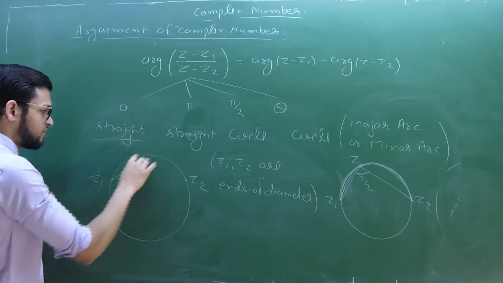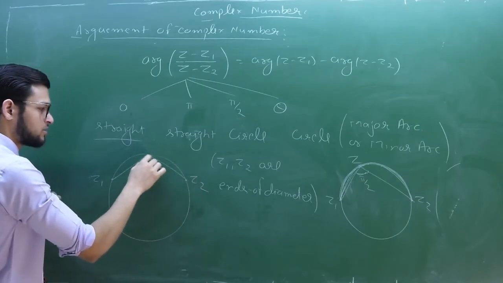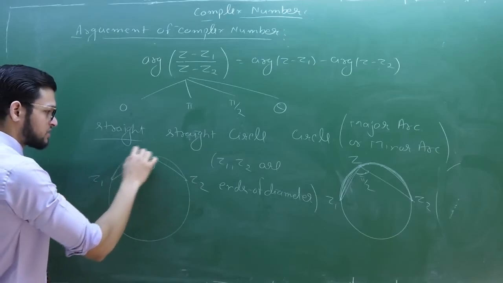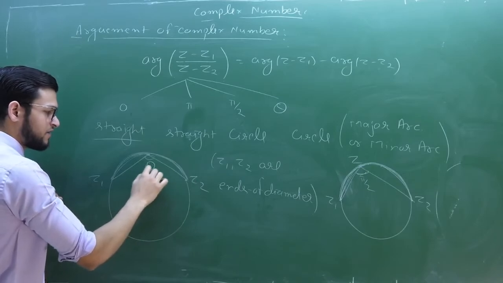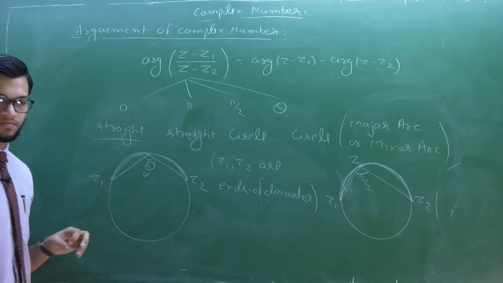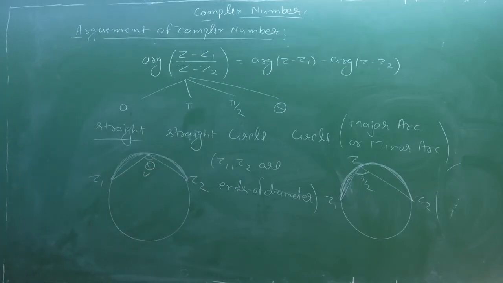Now if we join any point which lies on this curve arc, then this angle will definitely always be equal to theta. Now is it clear?